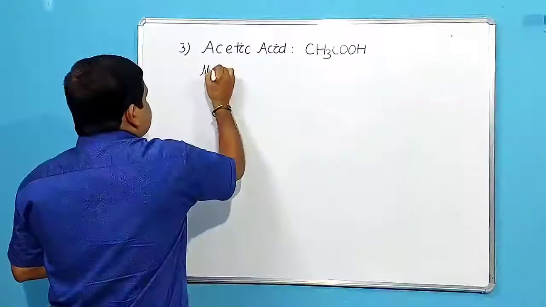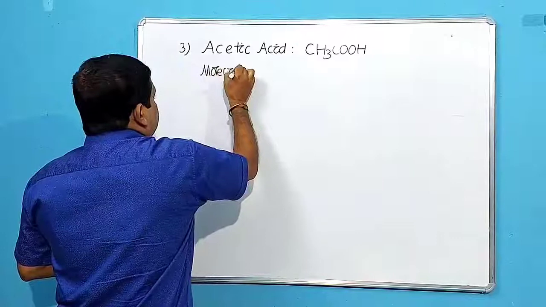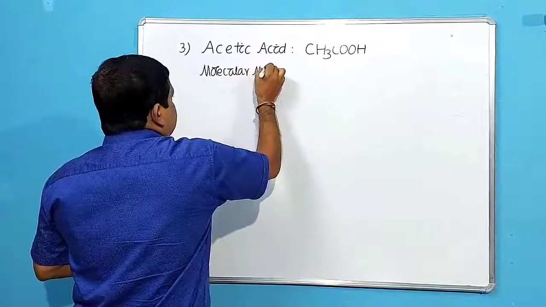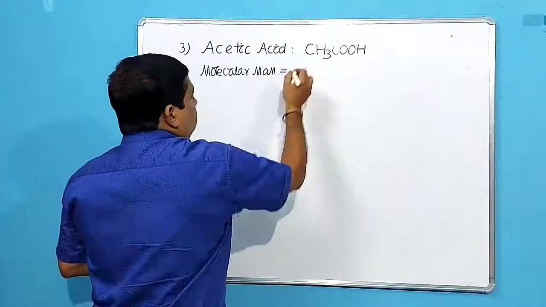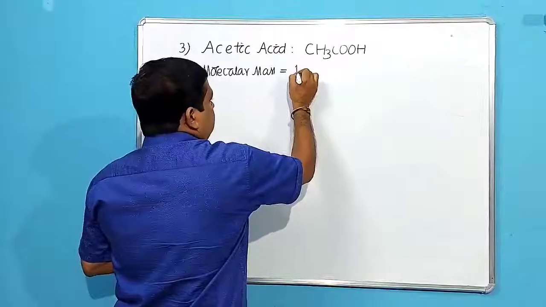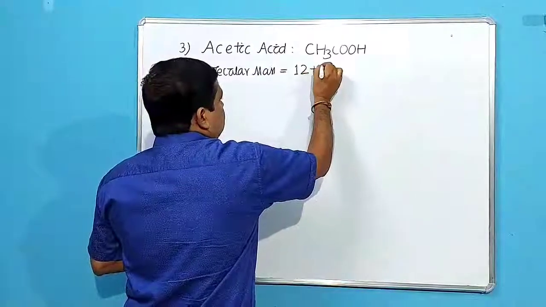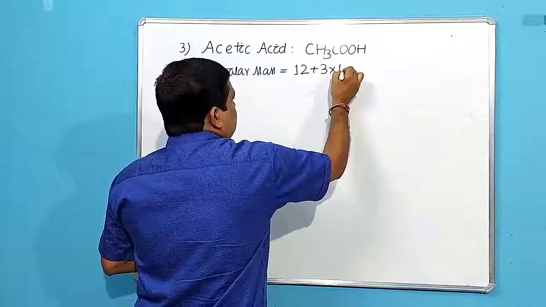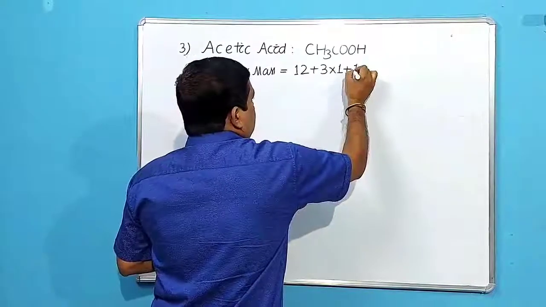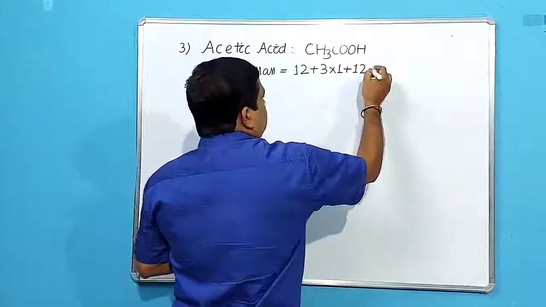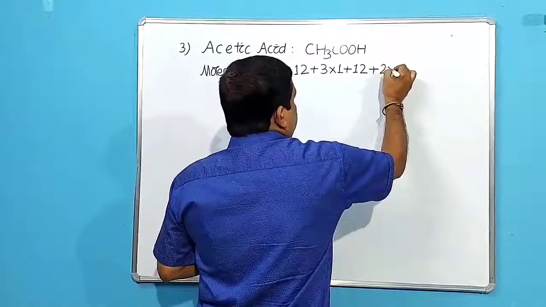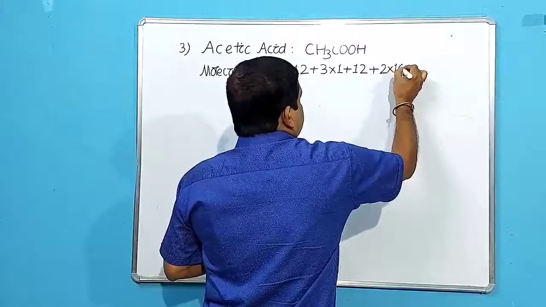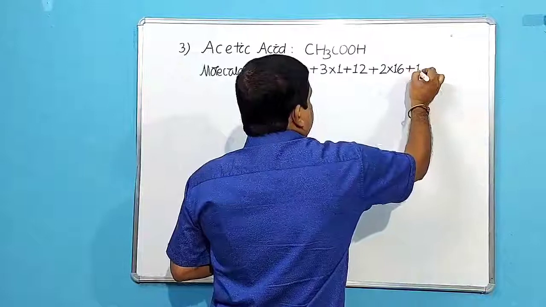So what is the molecular mass? Molecular mass will be, look, carbon 1 atom, so 12, 3 hydrogens, so 3 into 1 plus carbon again 1, 12 plus 2 oxygen, 2 into 16 plus 1 hydrogen.